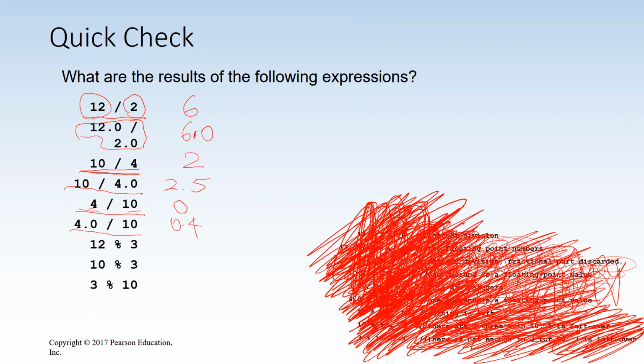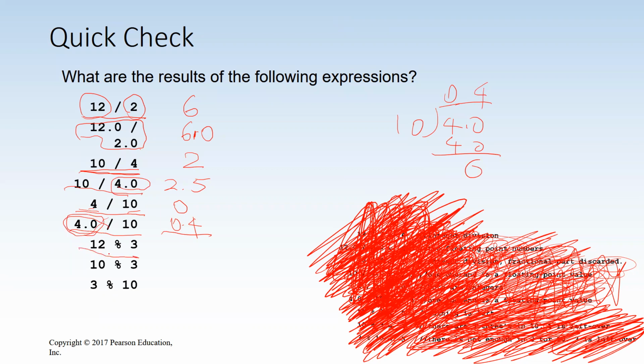Why? Because one of them is a double, everybody. 4.0, 10, you have 0, and then you have 4, right? So it's 0.4, that's correct. Because one of them is a double. And always remember that rule. If one of them is a double, then it's a double result.